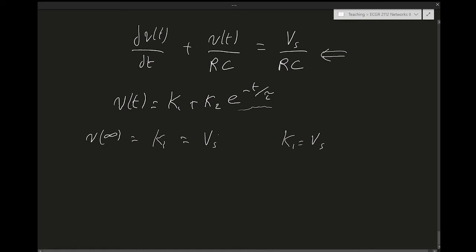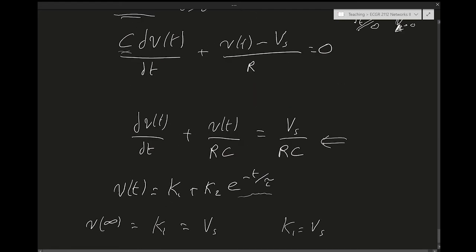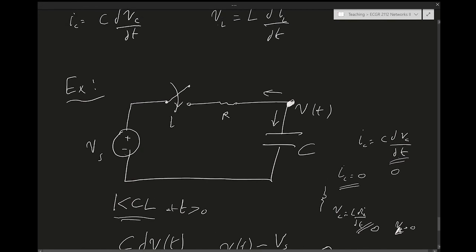We establish K2 from some initial condition. If we know V at some initial state, we can establish K2. So let's take t equals 0, the moment of switching. t equals 0 is the moment when we switched.